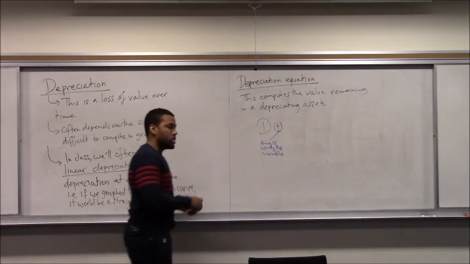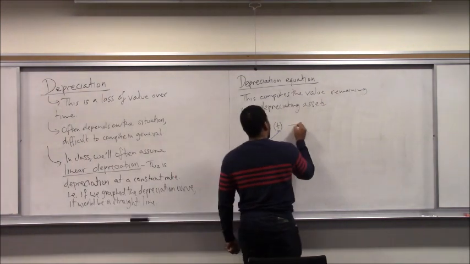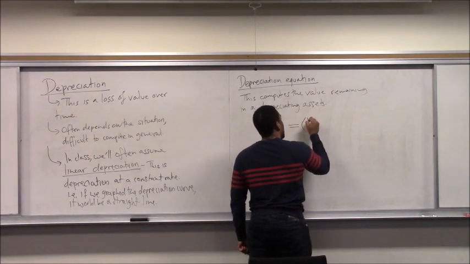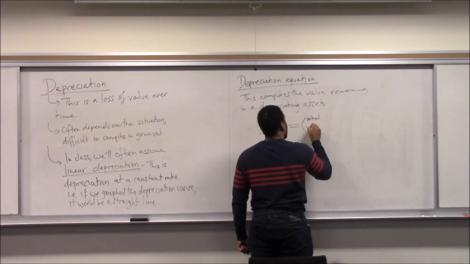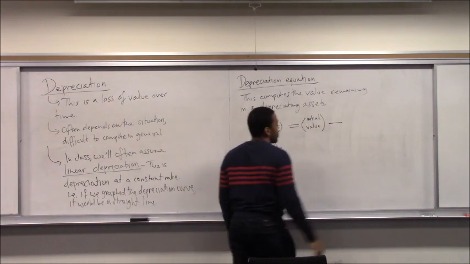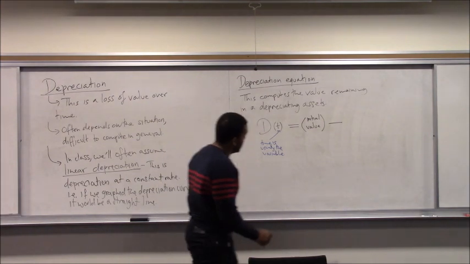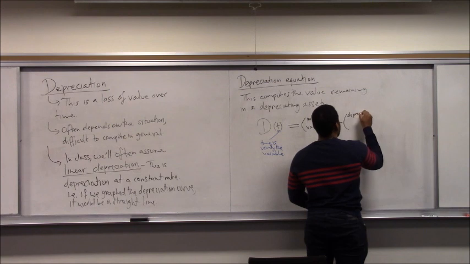We're talking about depreciation over time, over a few months or years or whatever. And in general, this is computed via figuring out what it's worth now, the initial value. And obviously that is going to be reduced over time by some value. And this is going to be the depreciation rate.